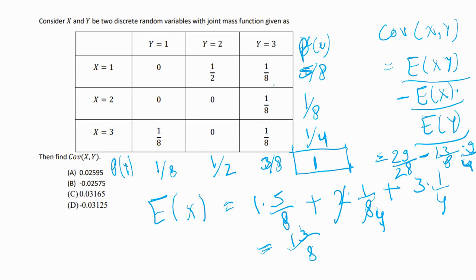So this one is 29 divided by 8 minus 13 divided by 8 into 9 divided by 4. So this one is minus 1 upon 32. Minus 1 divided by 32 is 0.03125. Minus 1 upon 32. So this is the answer.